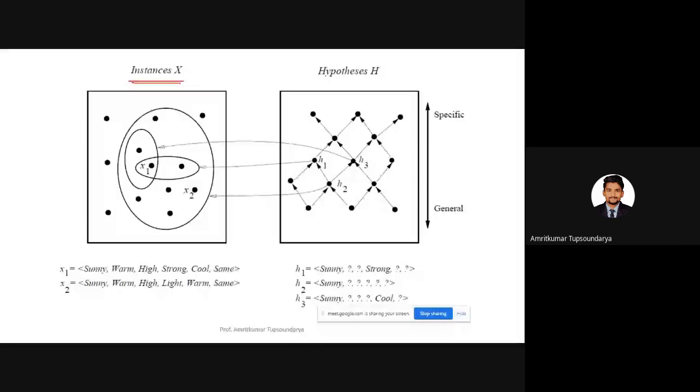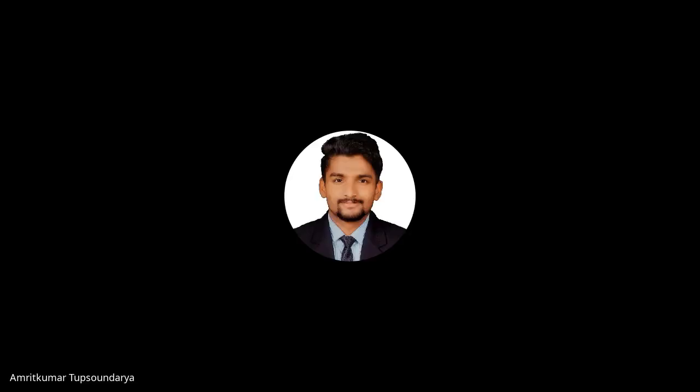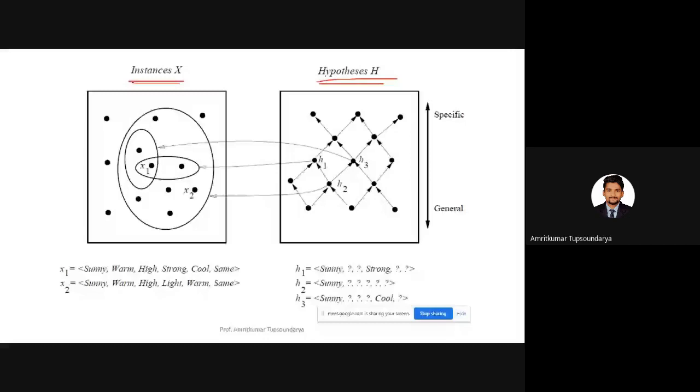Now, consider these three hypotheses that we have. We have H1, right? I'll have a small tick mark here. We have H2 and we have H3.